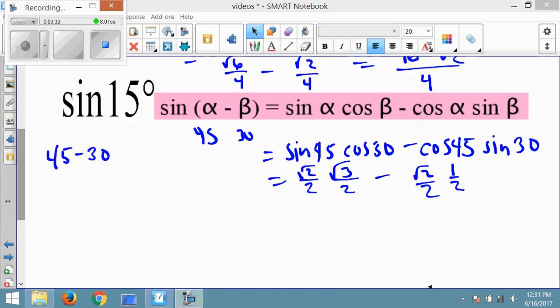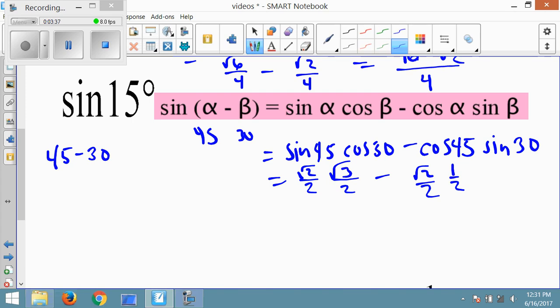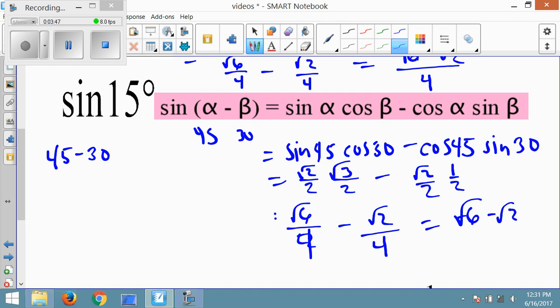All right, so we have square root of 6 over 4 minus the square root of 2 over 4, and we're going to get actually the same answer as before. Square root of 6 minus the square root of 2, over 4.